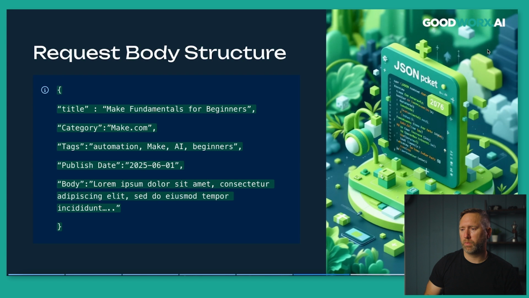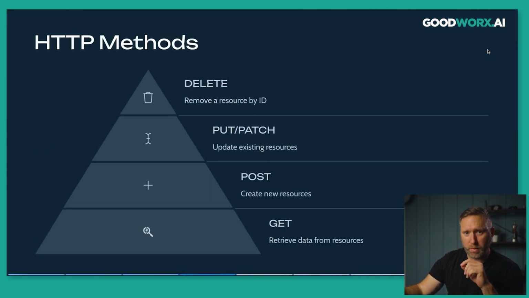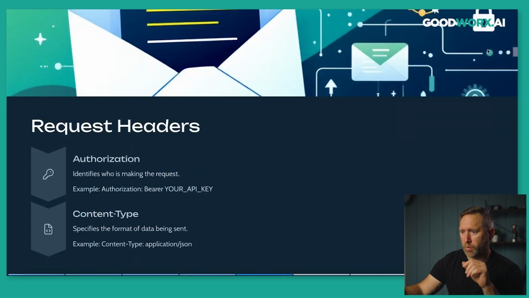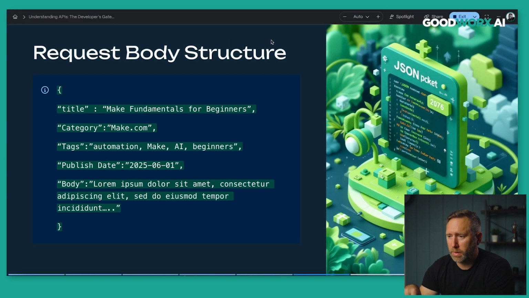So what does a request body structure look like? Let's go back to our methods. If you're going to do a post, which is when you want to create a new resource, you have to pass some data to it. And this is what it would look like. And again, we've seen this before, right? This is JSON format, which includes key value pairs.